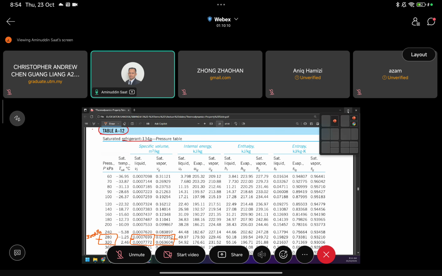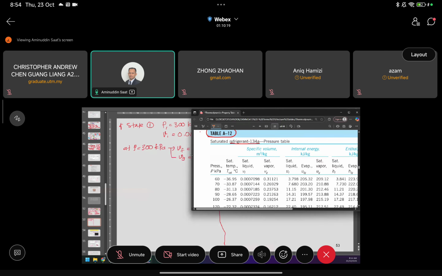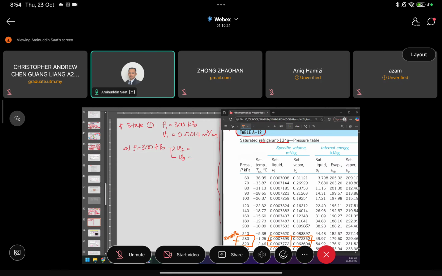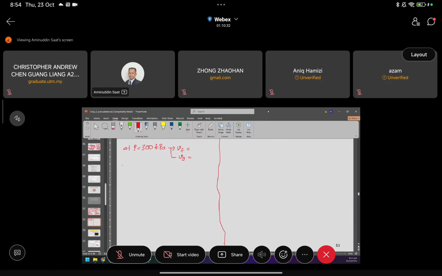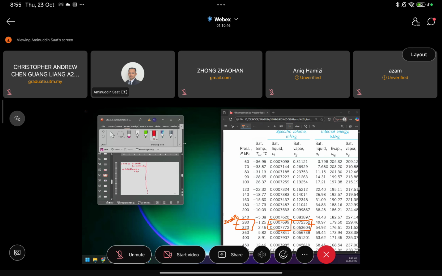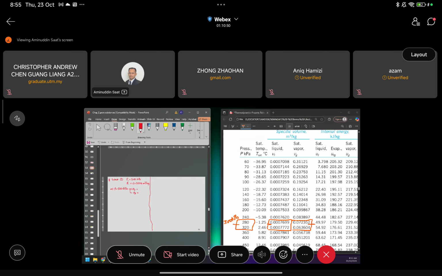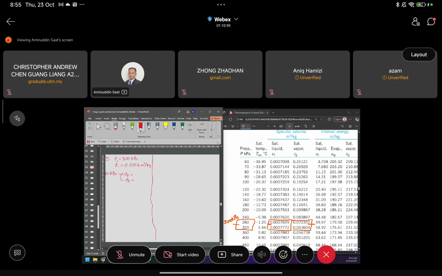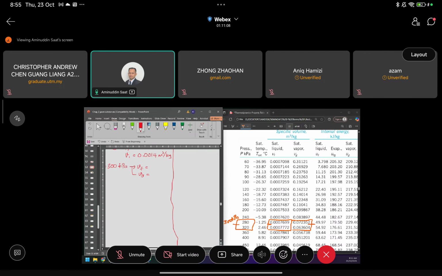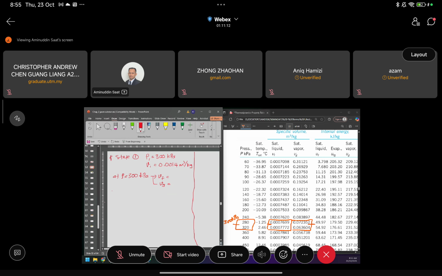Okay, so since the value is in between, you need to do a simple interpolation by dividing the data into two. So for the VF, it's too small.